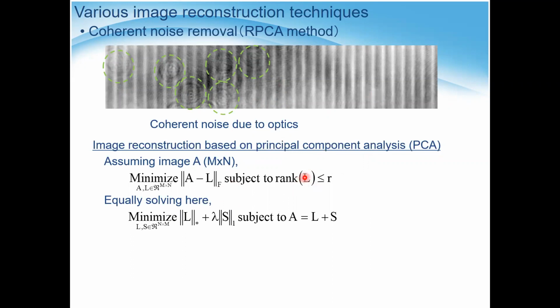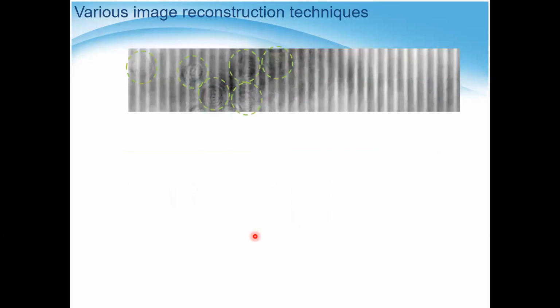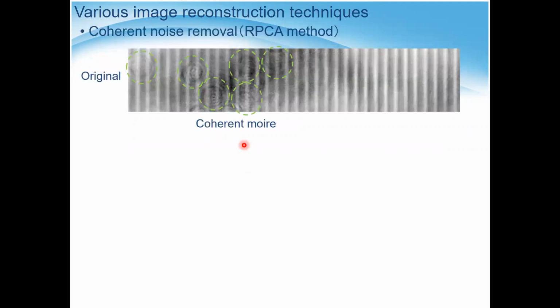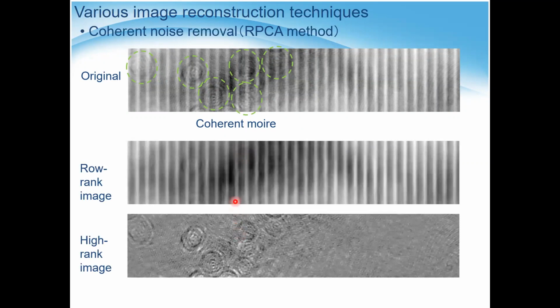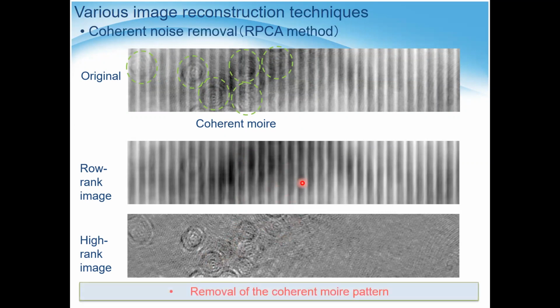We want to keep these major patterns. By using the L part and the S part, meaning the sparse part, the very rare events are separated. So this kind of noise could be separated clearly, and then the moiré pattern was removed, and we can use this one.